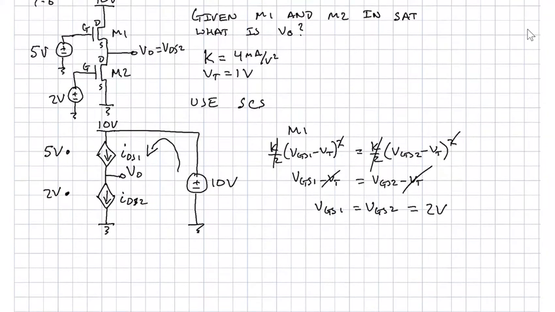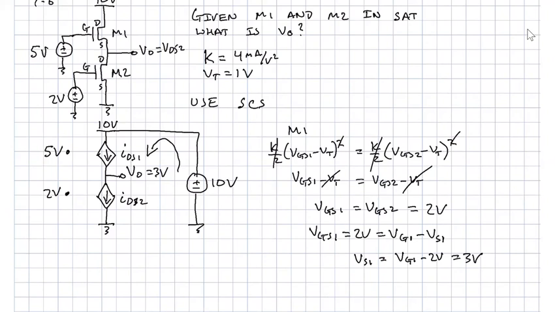So to be very explicit, VGS1 has to equal 2 volts, and this is equal to VG1 minus VS1. We would say that VS1 is equal to VG1 minus 2 volts, which is equal to 3 volts. So V out equals 3 volts.